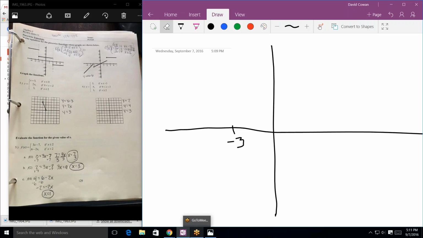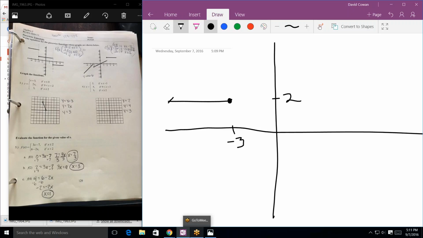Where do I start? You start at -3, 2. Open or closed? That'll be a closed one. And you'd go to the left since it's less than. Correct. Put an arrow indicating that it's like that all the way to negative infinity.